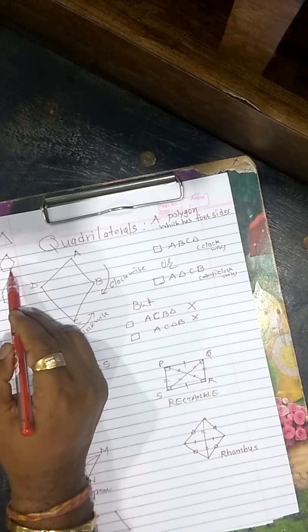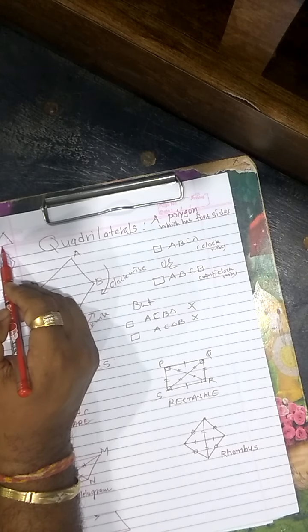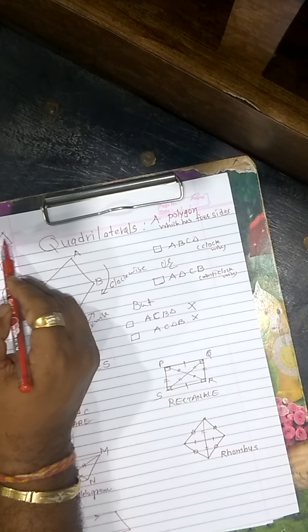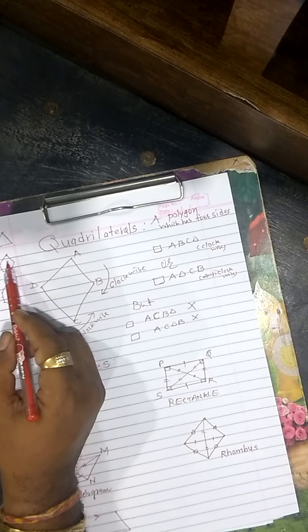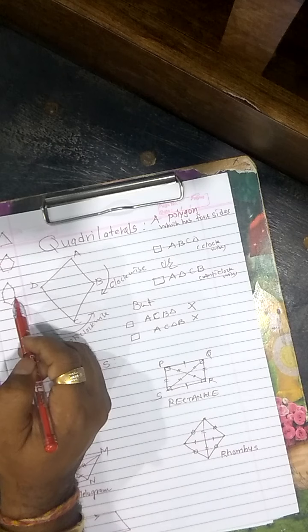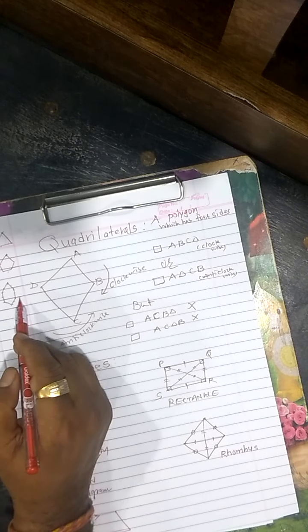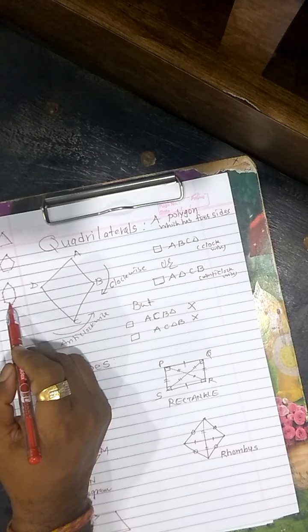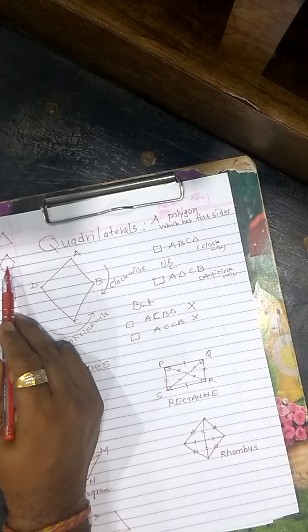Penta means 5. Hexa means 6 and gon means side. A 6-sided polygon is a hexagon, a 5-sided polygon is a pentagon.